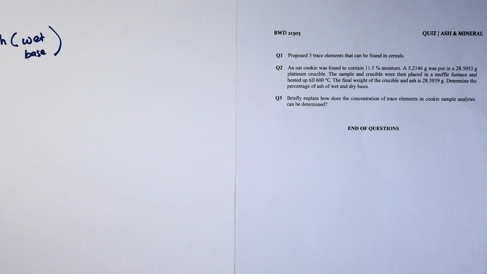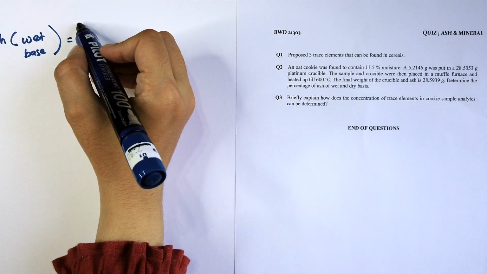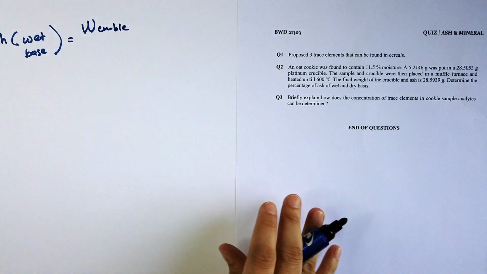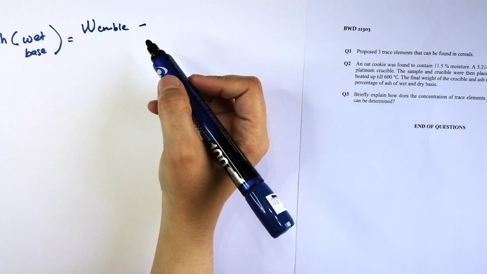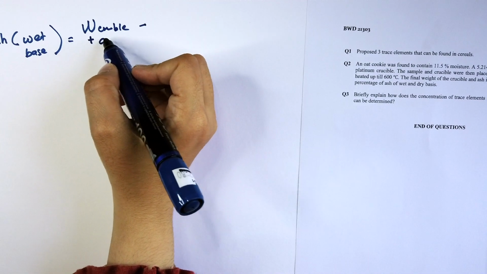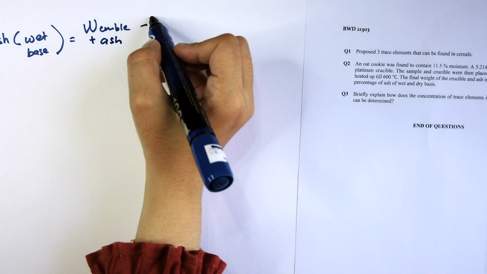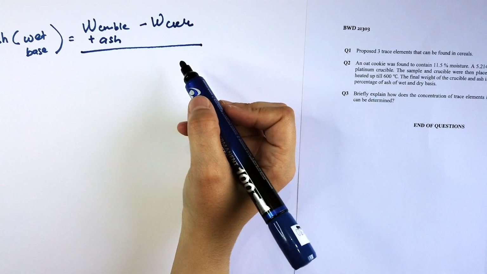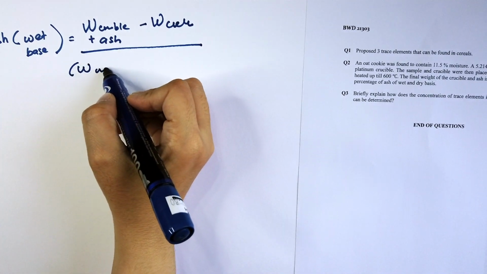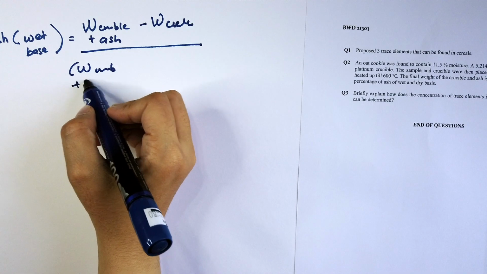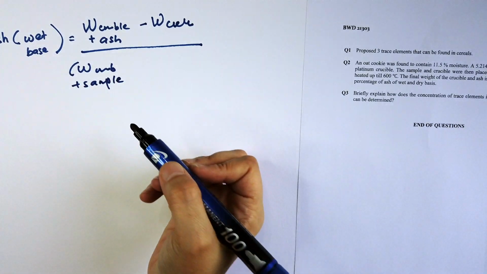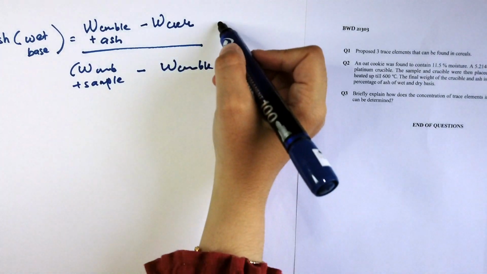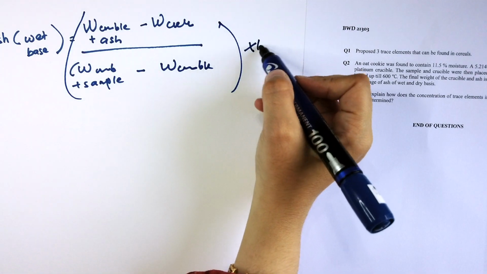What you need to do is you need to know the weight of the crucible plus ash, minus the weight of the crucible, and then you need to divide with the weight of crucible plus sample minus weight of crucible. All these things you need to times 100.